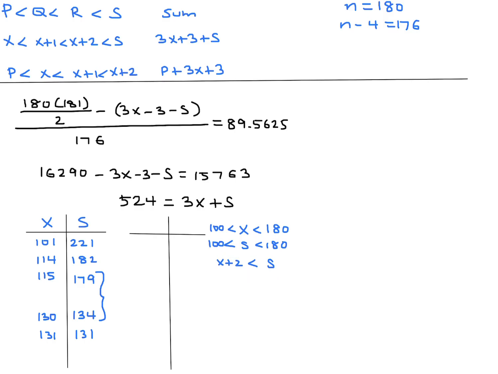So anything onward is not going to work. The only ones that work are these right here: 115 and so on until 130 for x, and then 179 and so on until 134 for s. And that is 16 values.